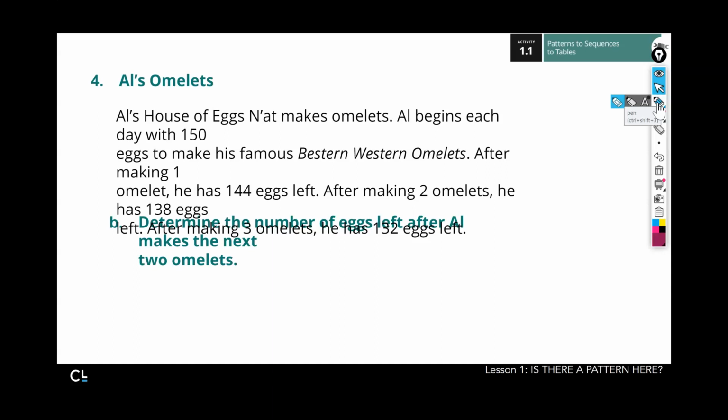Part B, determine the number of eggs left after Al makes the next 2 omelets. So let's see. He started out with 150 eggs. Then he made an omelet and it went down to 144.